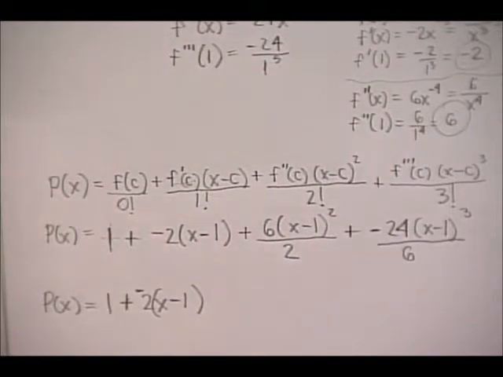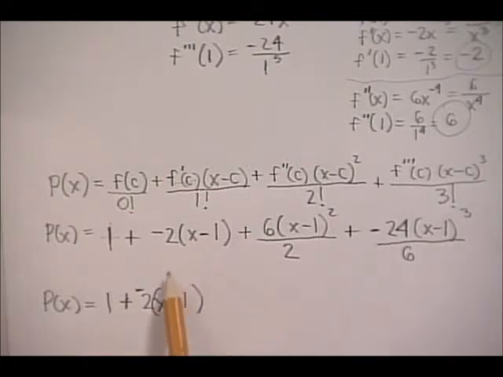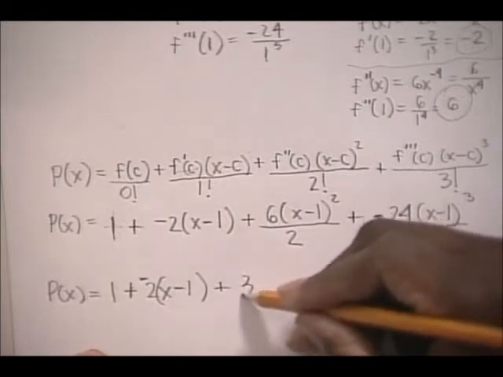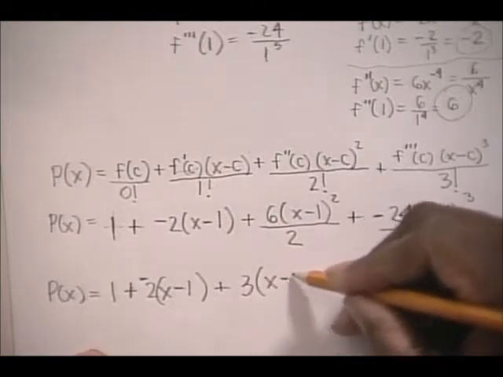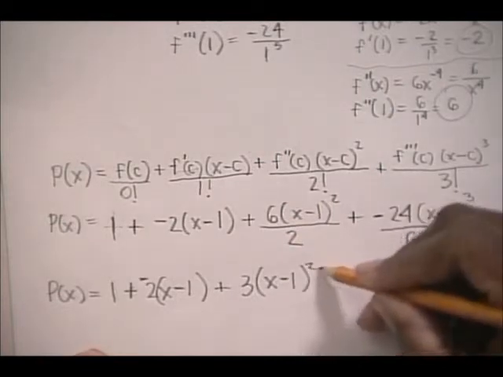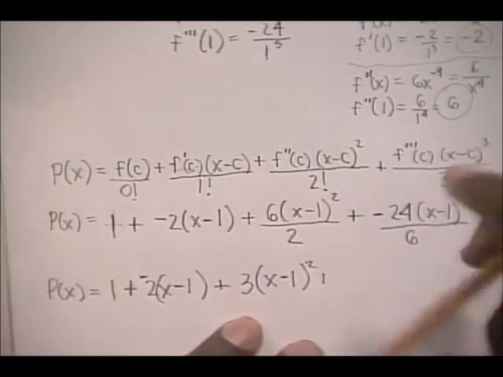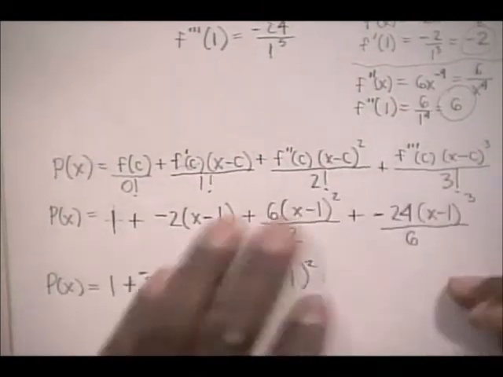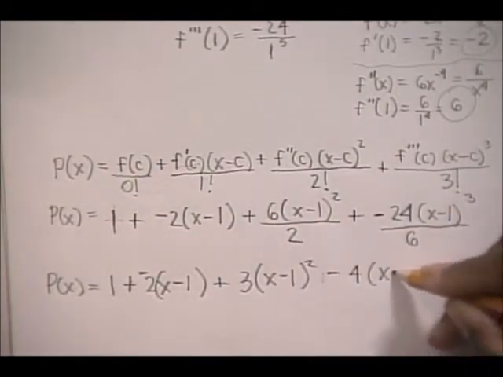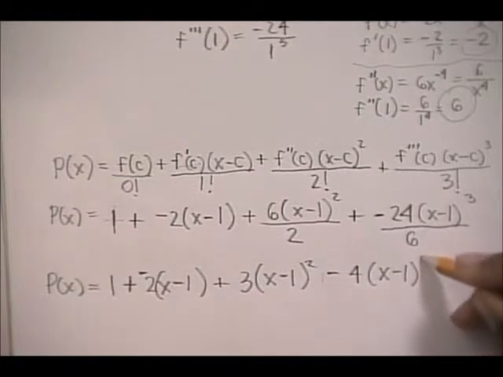I'm just rewriting what I have here, so there's no difference between this and this. Plus 3 times (x minus 1) squared, because 6 divided by 2 is 3, minus 4 times (x minus 1) to the third power.